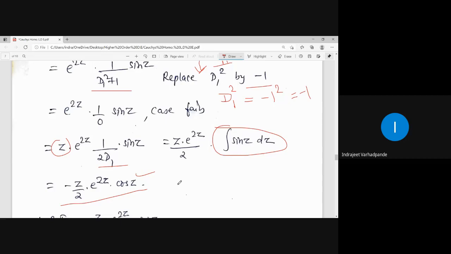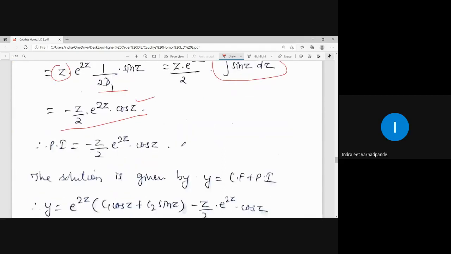Final answer is over. Yes, sir. Write it in the form of y is equal to CF plus PI, minus z by 2 e to the power 2z cos z. Combine the terms and then finally you replace e to the power z by x and z by log x.